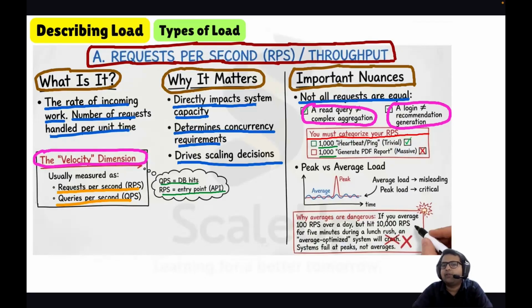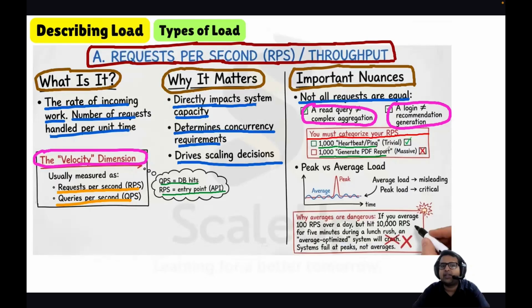For example, 1000 ping requests are very lightweight, but 1000 generate PDF report requests can be a massive load. So when we talk about requests per second, it's not just about the number, it is also about the category.